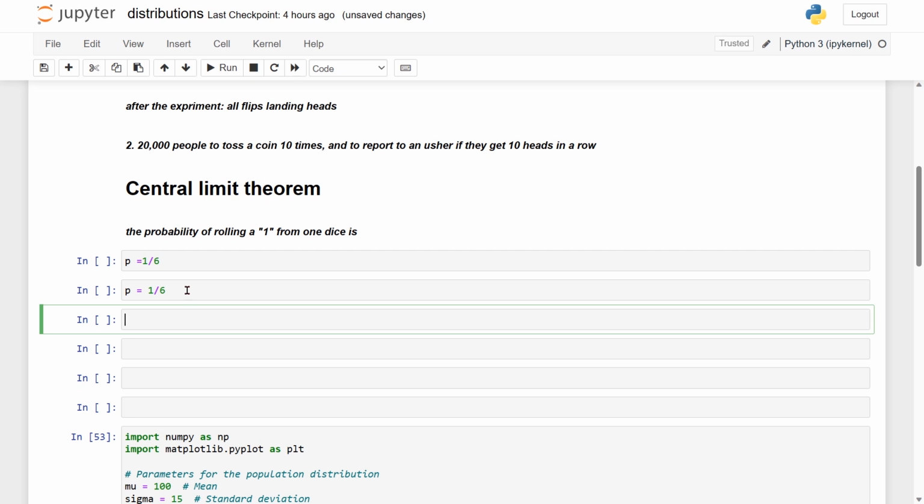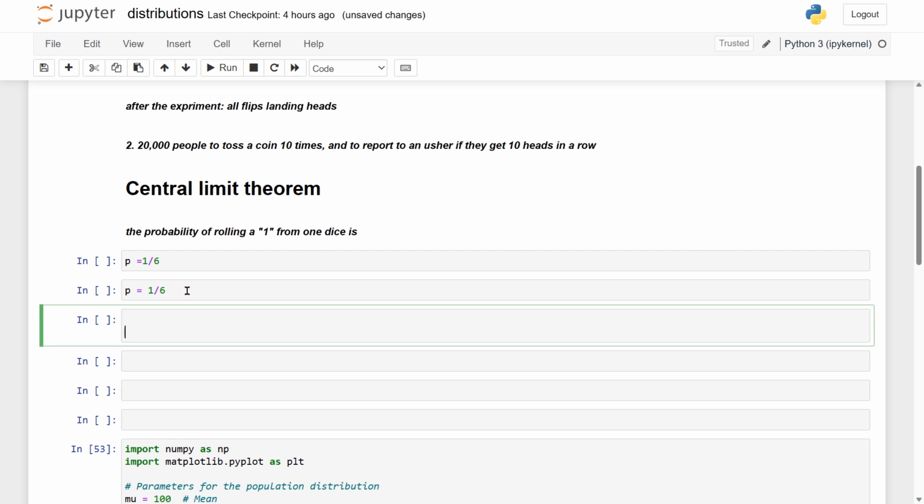The probability of the die landing on any one side is equal to the probability of landing on any other 5 sides. Suppose there are about 1000 students in a school and each of them is made to roll the same dice. Then the collection of random variables generated from this experiment will be sufficiently large on the histogram, and it will tend to become a normal distribution.